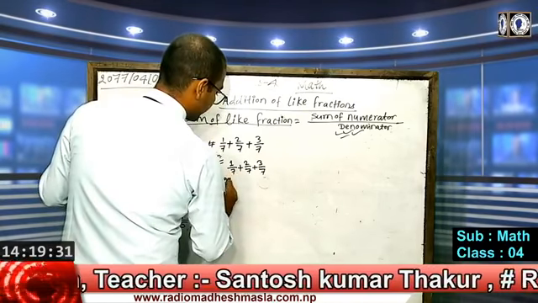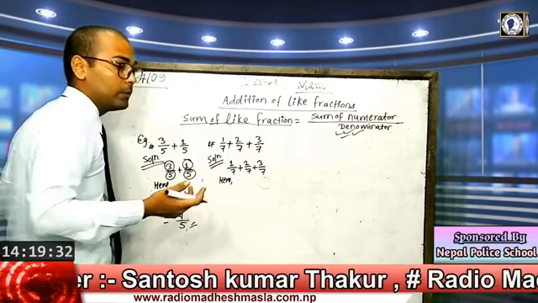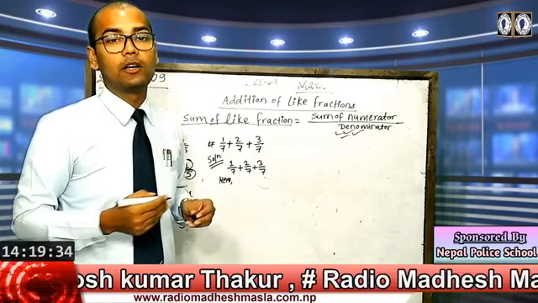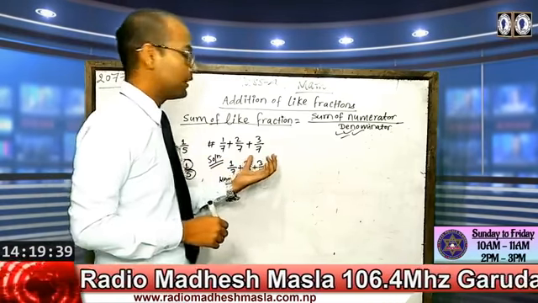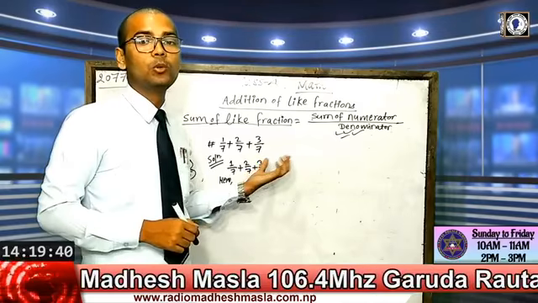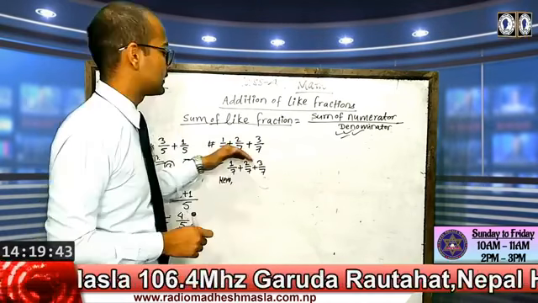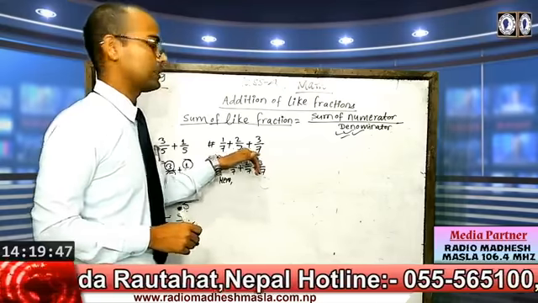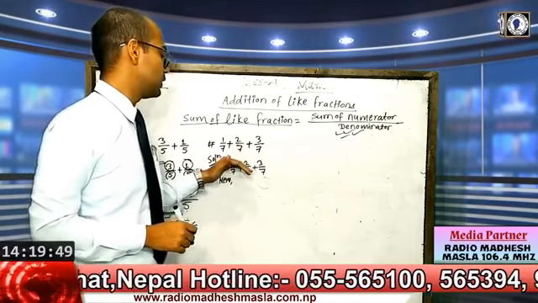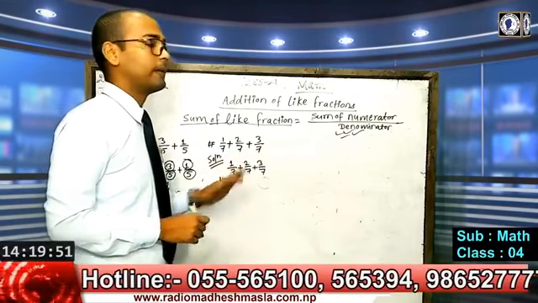We should only add the numerators if the fractions are like. The given fractions are like fractions because all the fractions have the same denominator 7. So we should only add the numerators directly here.